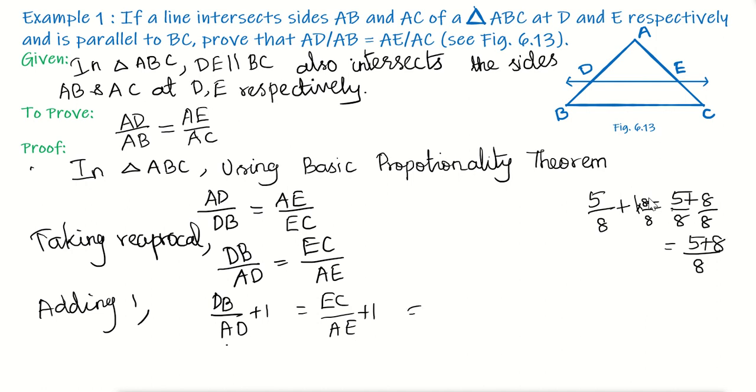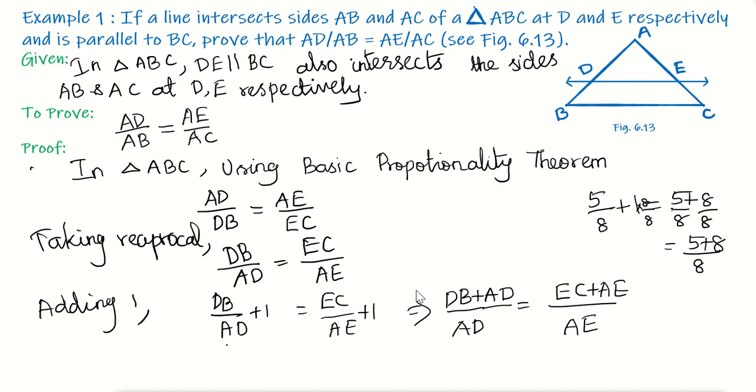The same thing we do here: on the left hand side we multiply 1 by AD by AD, and on the right hand side we multiply by AE by AE. What we did for numbers, we are doing for distances, that is the sides. So the common denominator is AD on the left hand side, and AE on the right hand side. Now the numerators are DB plus AD, and on the right hand side EC plus AE.